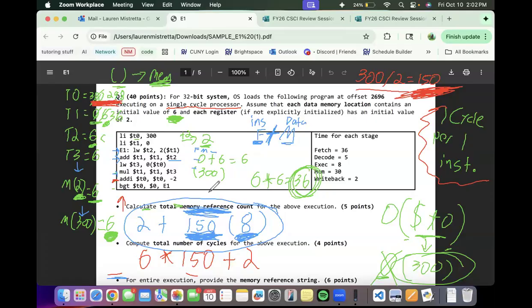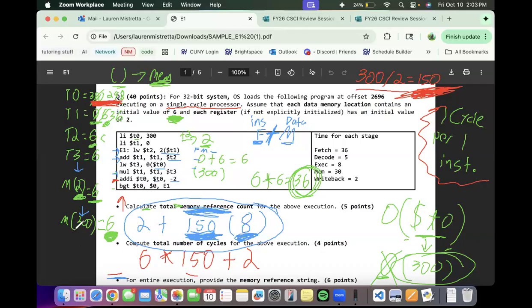Okay. So we know that there are 2 memory addresses we have to keep in mind: this T1 and this T0. Let's start out with T0 because it's a little bit easier. What's going on with T0 is every single time we are doing T0 minus 2.